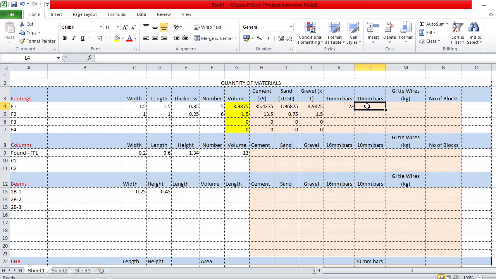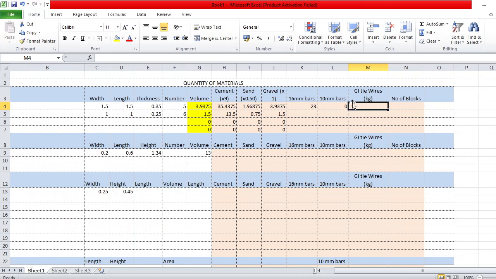Say, nakakuha ka ng 10. Sa 10 bars, wala tayong 10 bars para dyan. Sa GI towers, ilan ngayon ang GI towers natin dyan? Actually, we have 9, yung 16mm bars natin, we have 9 per side, diba?